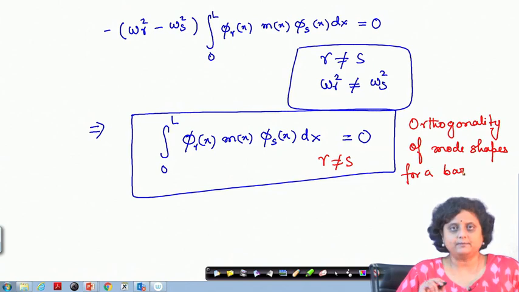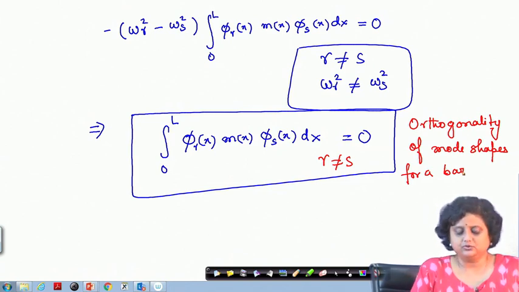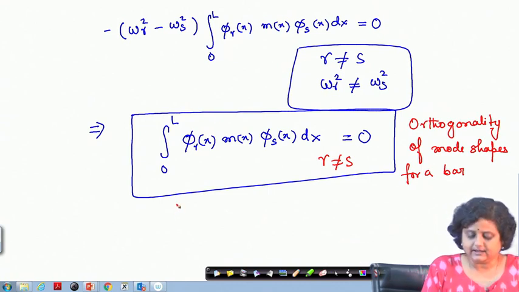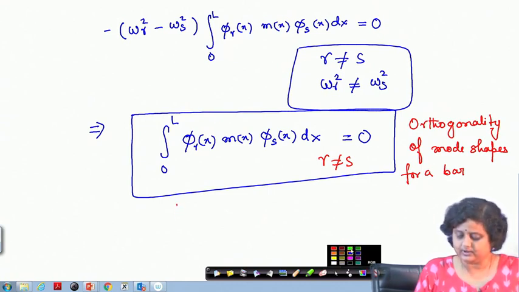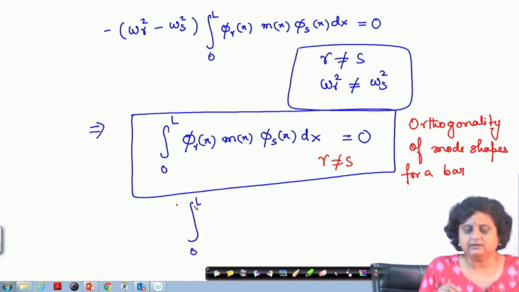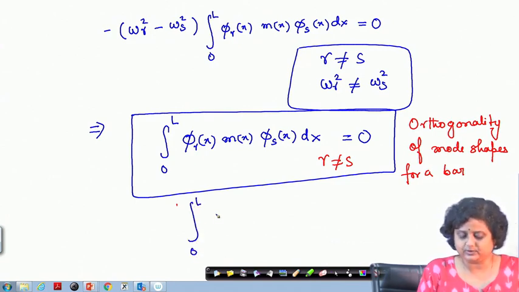So, this is one part. Now, if this is equal to 0, we can also say that the other expression, the expression on the LHS, which was integral 0 to L of d phi r by dx E A x d phi s by dx, is also 0.